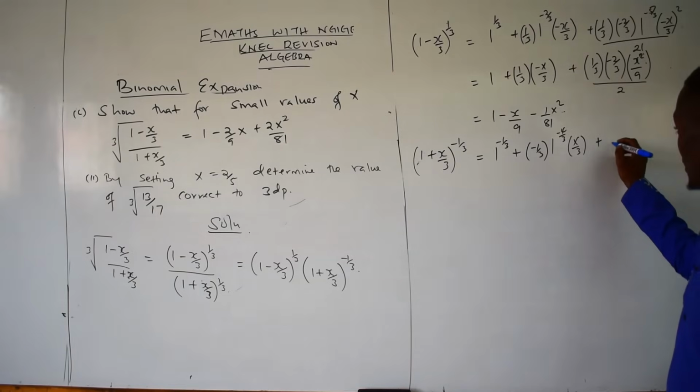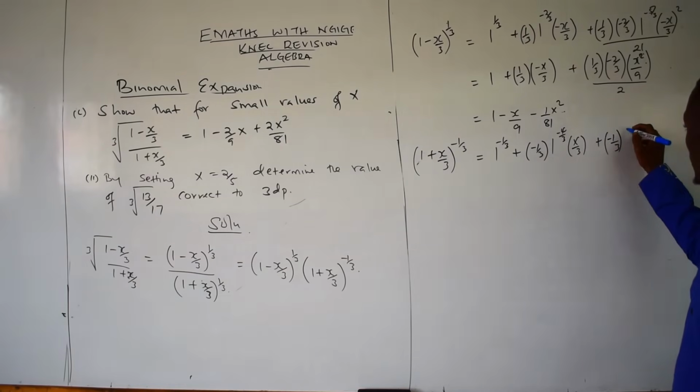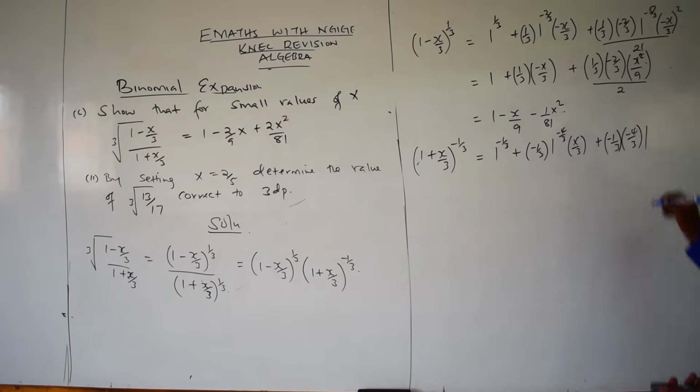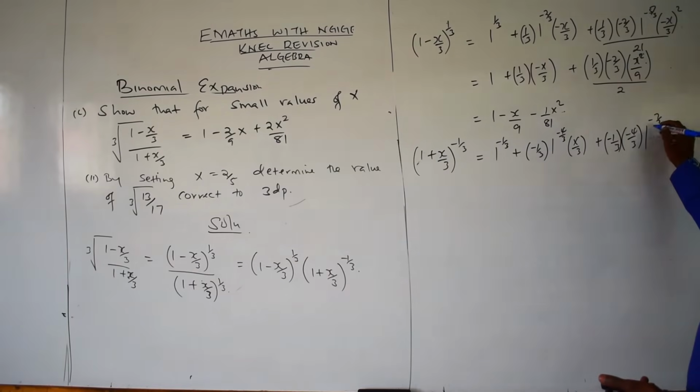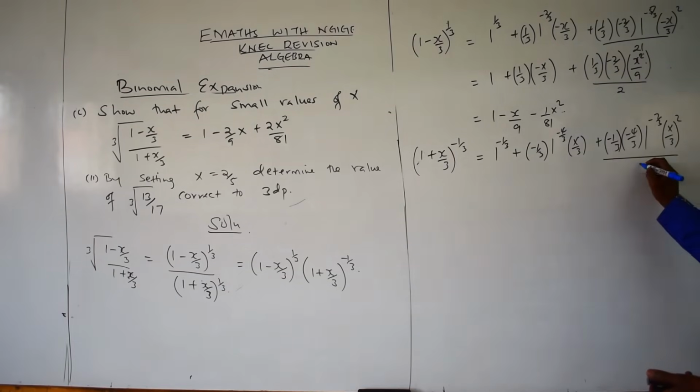Then come to the next. We have negative a third here, and we drop the power, negative 4 over 3, right? Then reduce the power by 1 again, we have negative 7 over 3. Then we have x over 3 squared, and since it is a square, we have 2 factorial.